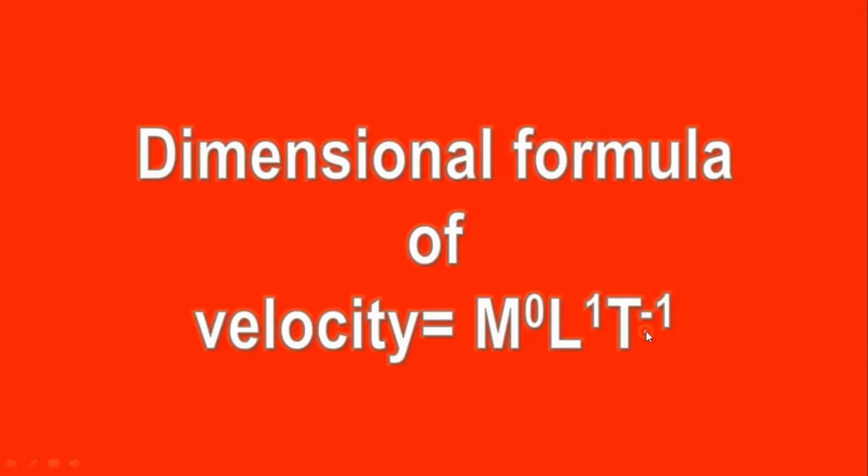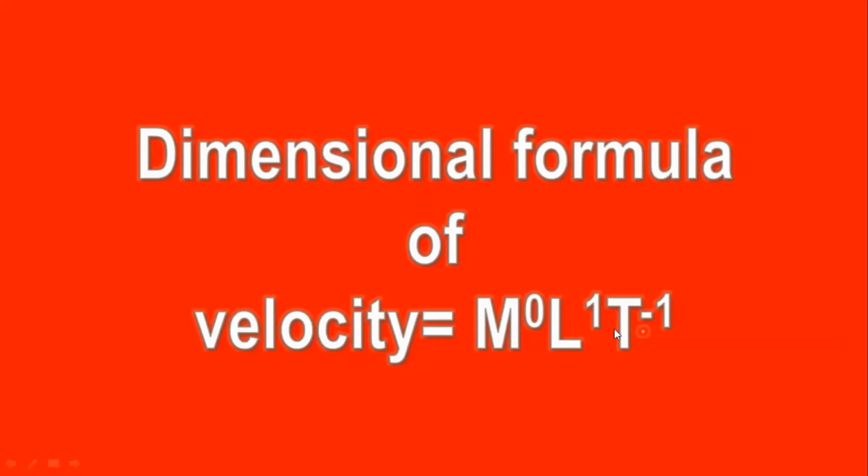So that's why t is over here in the denominator, but in dimensions we have to bring it out without any fractional format. That's why this t becomes negative, with the power 1. In velocity, displacement and time each appear only once.